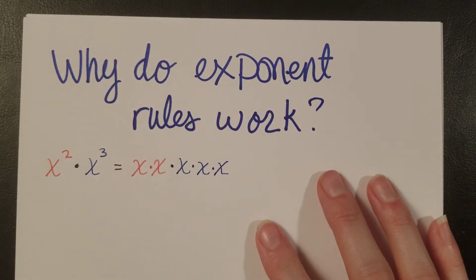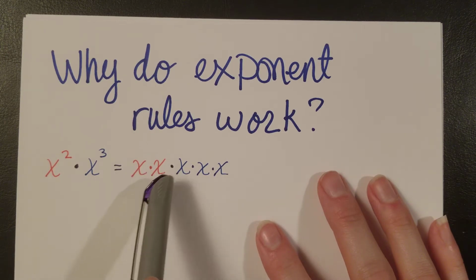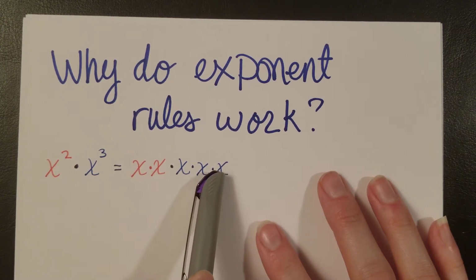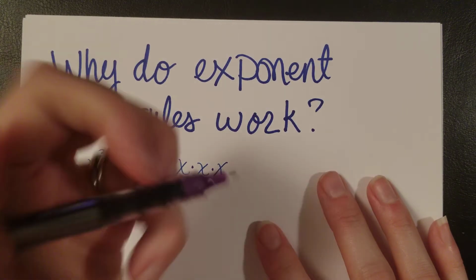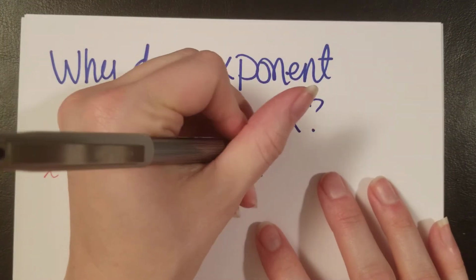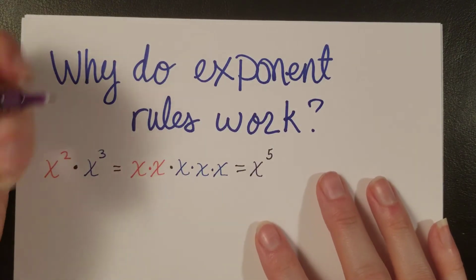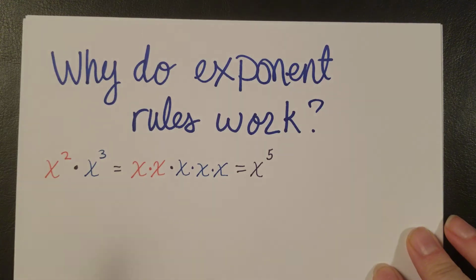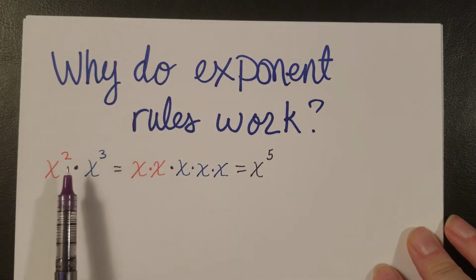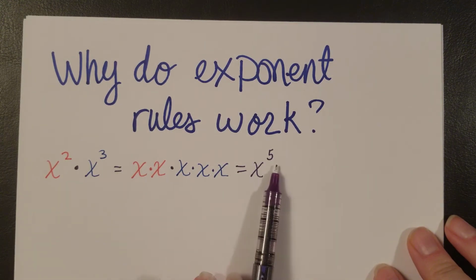All right, so you've got x times x times x times x times x, right? So there's 1, 2, 3, 4, 5 of those. So that's the same thing as saying x to the 5th power. All right, so what the rule is telling us is that we can basically just shortcut that and add 2 plus 3 to get 5.